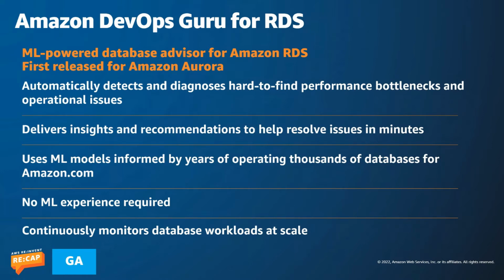This will help you reduce the time to resolve issues to minutes. With DevOps Guru, you can simply understand the causes of performance or operational problems without having to search through hundreds of database metrics. DevOps Guru is generally available for Amazon Aurora with Postgres compatibility and Amazon Aurora with MySQL compatibility.